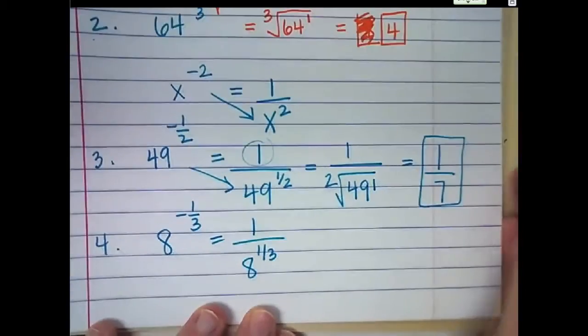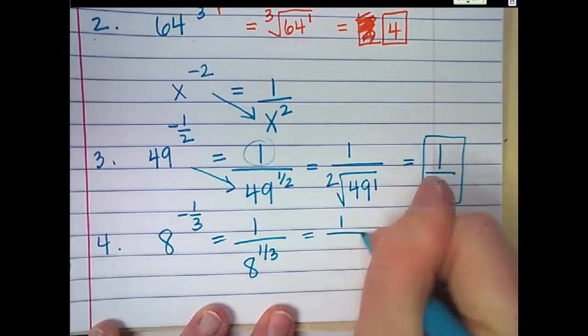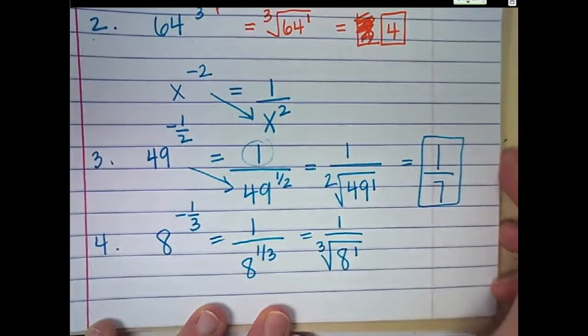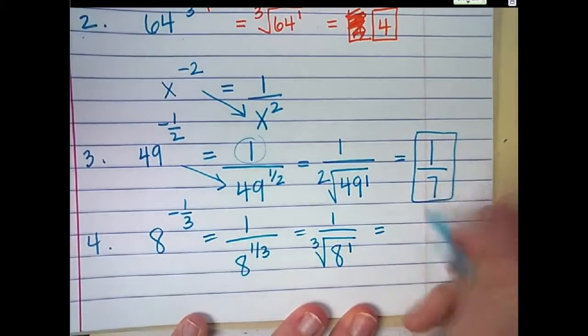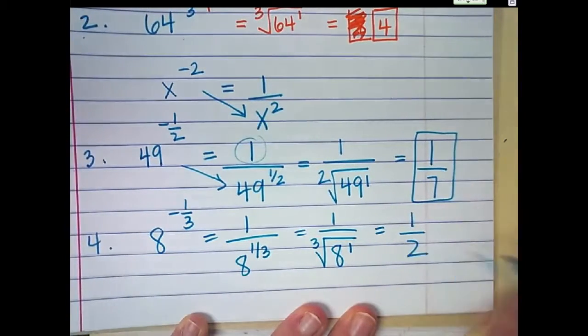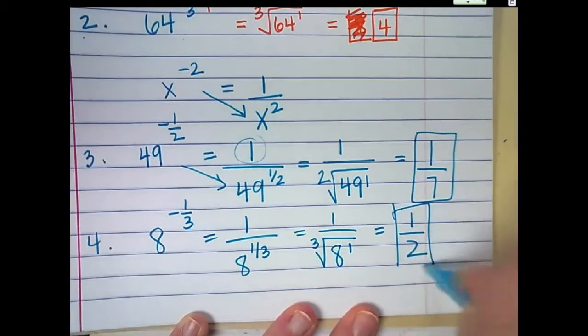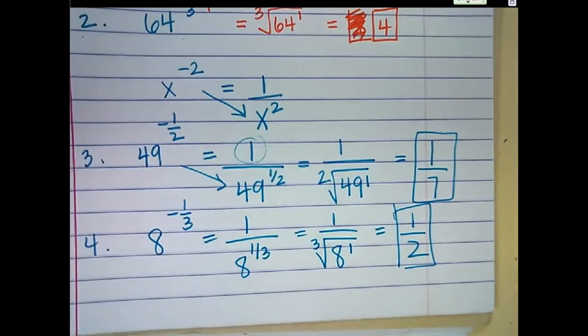So I'll move it to the bottom. Then it becomes the cube root of 8. What did you get as your final answer? 1 over 2. Don't forget that 1, because 2 is completely different than 1/2.